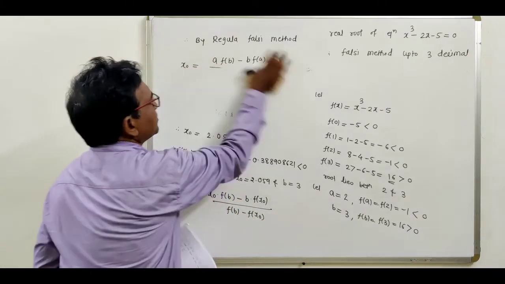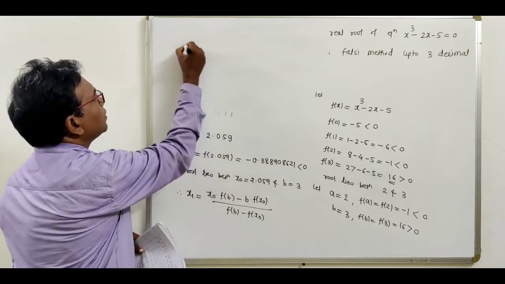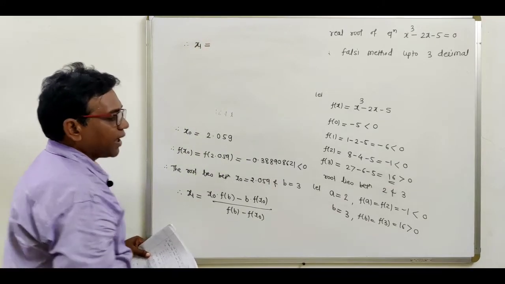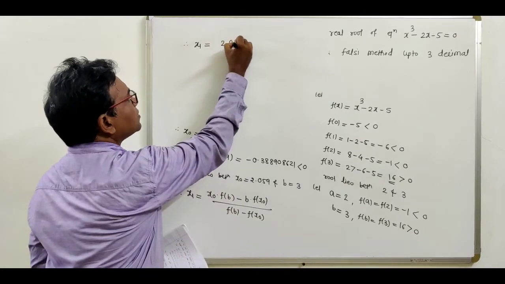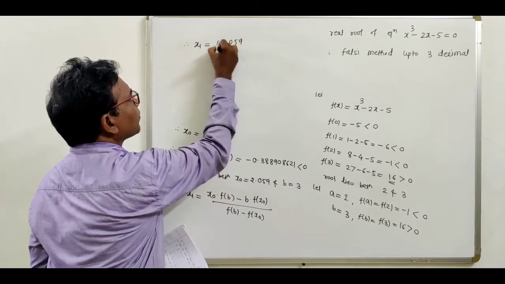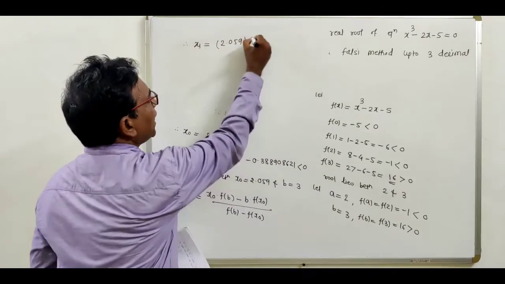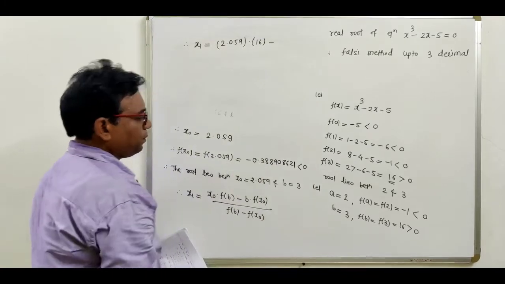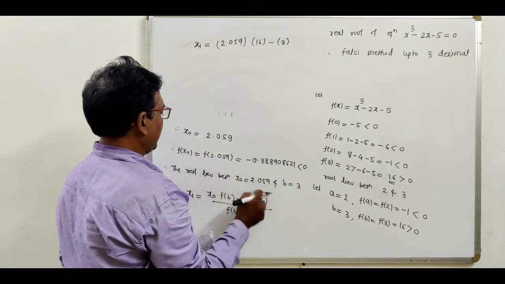So just put the values. So x1 is equal to, what is x0? x0 means 2.059 into fb. What is fb? fb, that is 16, minus b, which is 3, into f of x0.